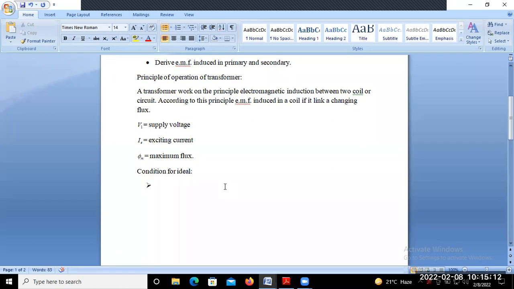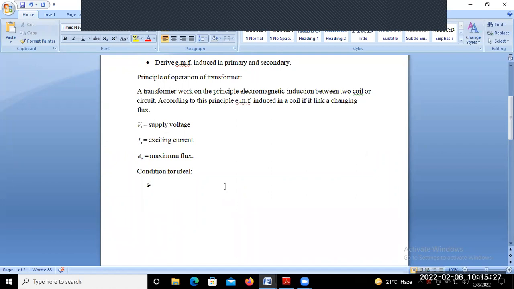If excitation current is equal to 0, then how is flux produced in the core? The core loss component current is equal to 0.